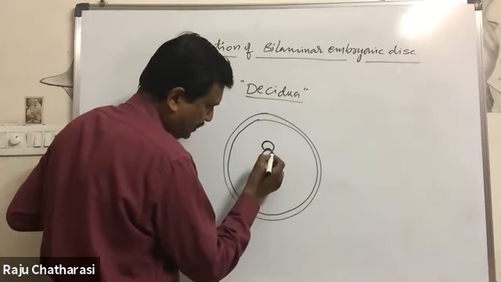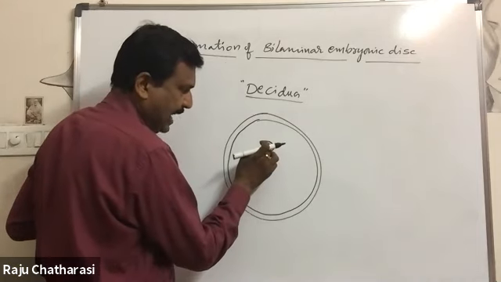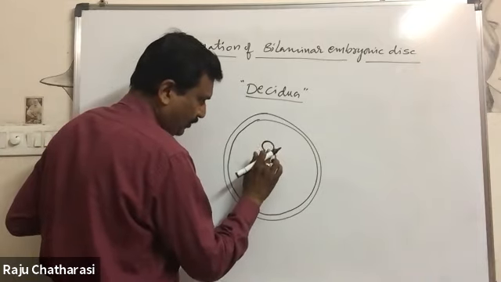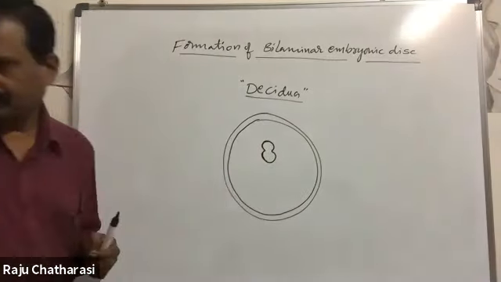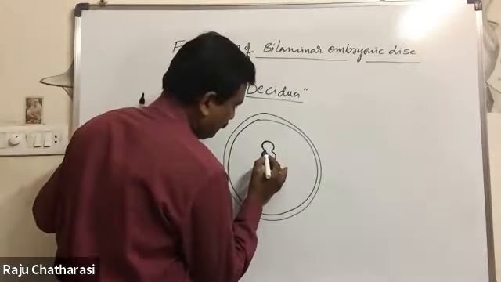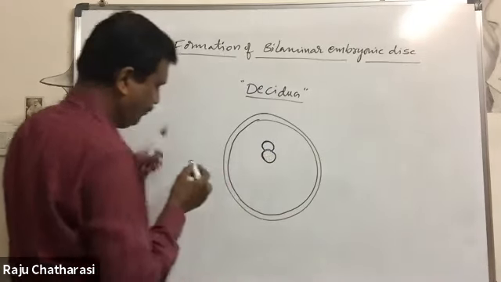This is yolk sac, this is amnion, and here this is embryo. I will draw with another color. This is blue colored part, it is called embryo.